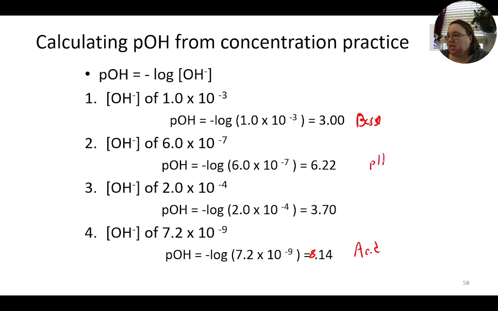So pH: 14 minus 6.22 tells me that this thing has a pH of 7.78. Things with a pH above 7 are bases. So I do not encourage looking at your OH to determine if it's acidic, basic, or neutral. Some students are going to be able to do it. Most are going to goof it up.